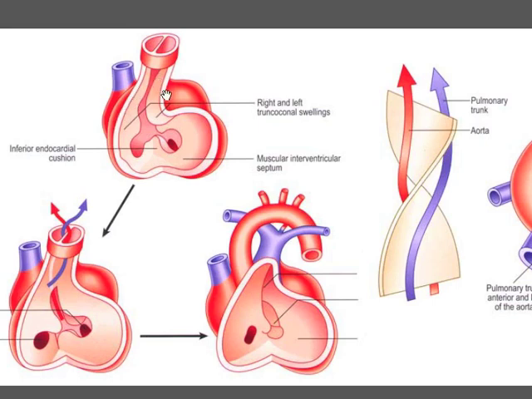And as these ridges grow in, they spiral around one another as indicated by the arrows. And the end result then is a pulmonary trunk and aorta that spiral around one another. That spiraling enables the pulmonary circulation to be in series with the general body circulation. Were they not to spiral, the 2 circulations would be parallel to one another.